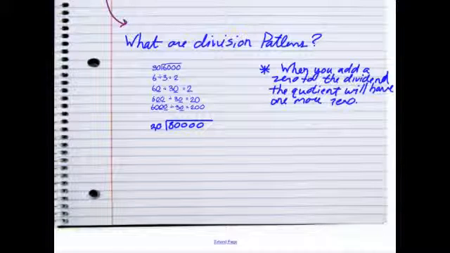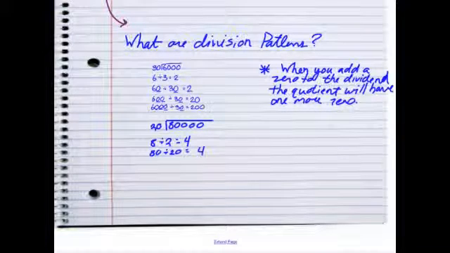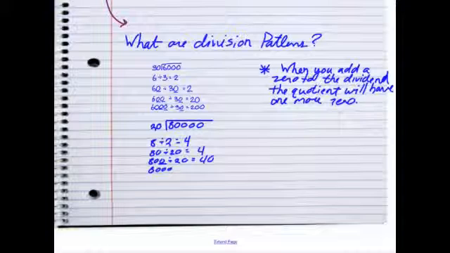Once again, I'll start off. 8 divided by 2. 8 divided by 2 equals 4. 80 divided by 20 equals 4. 800 divided by 20, remember I'm increasing zeros, equals 40. 8,000 divided by 20 equals 400.